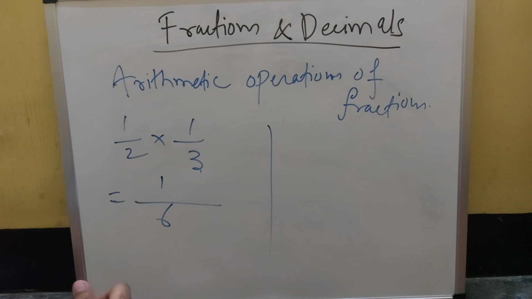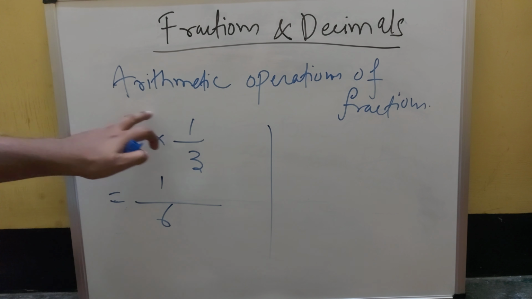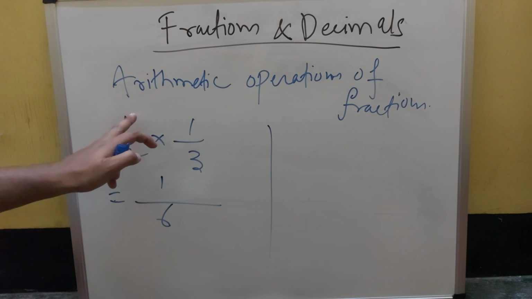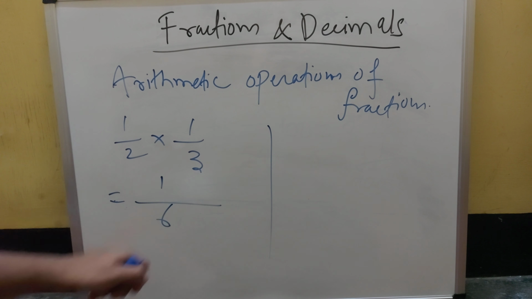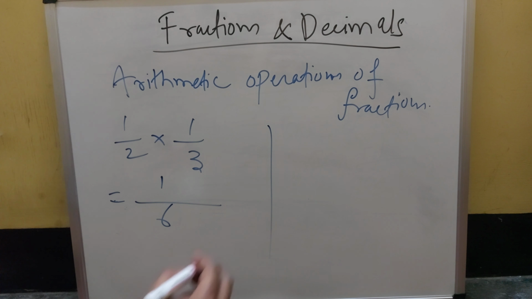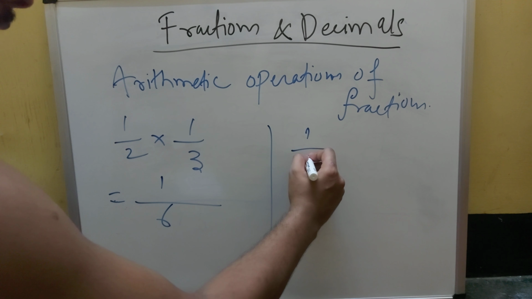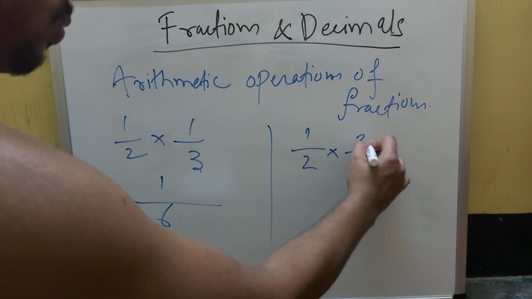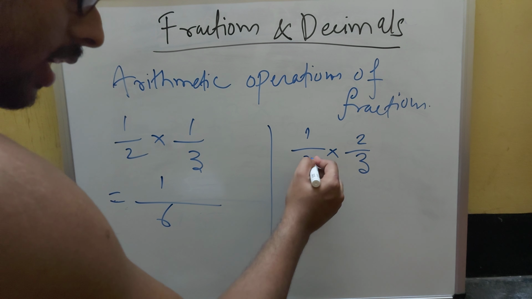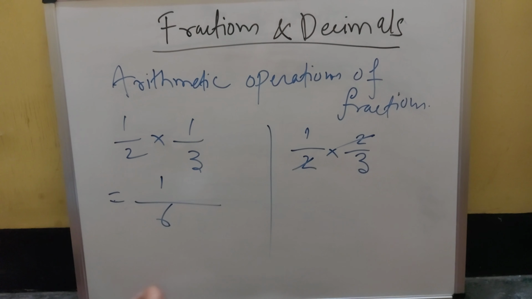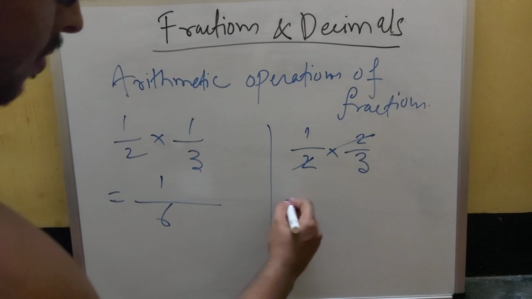During multiplication, we will multiply the numerators separately and denominators separately: 1 into 1, 2 into 3. Now, if it's given like this, 1 by 2 into 2 upon 3, these 2 and these 2 will be cancelled out because it's diagonal.